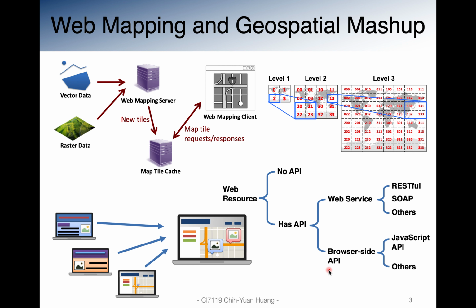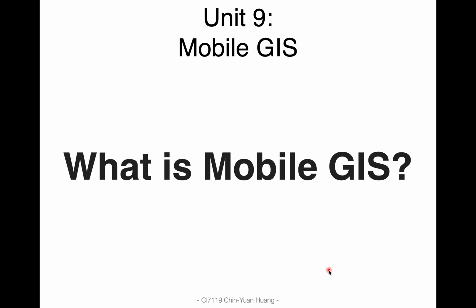So basically that serves as the first possible application in the web GIS, or you can say one of the most popular types of application in the web GIS. However, here we are going to move on to the mobile GIS, which is also one very important application type in the web GIS.